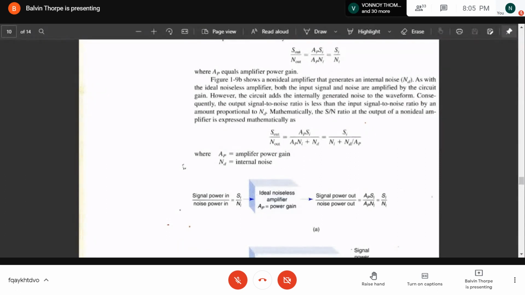So you can find the ratio of the signal to noise at the input of a system quite easily. But as the signal traverses the communication system, one of the things that we know for sure is that internal noise will be generated.